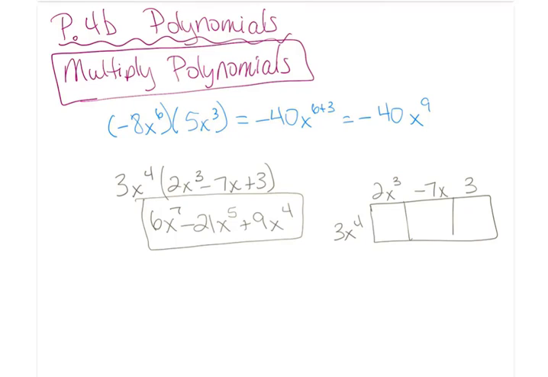And then you're doing kind of like that Punnett square or that area model to fill in each little piece. So this one's going to give you 6x to the 7th. This is going to give you negative 21x to the 5th. And this one's going to give you 9x to the 4th. All right? And you're going to get the same answer. So sometimes it's not so necessary if you just have a monomial on the outside. But it's another option. All right.